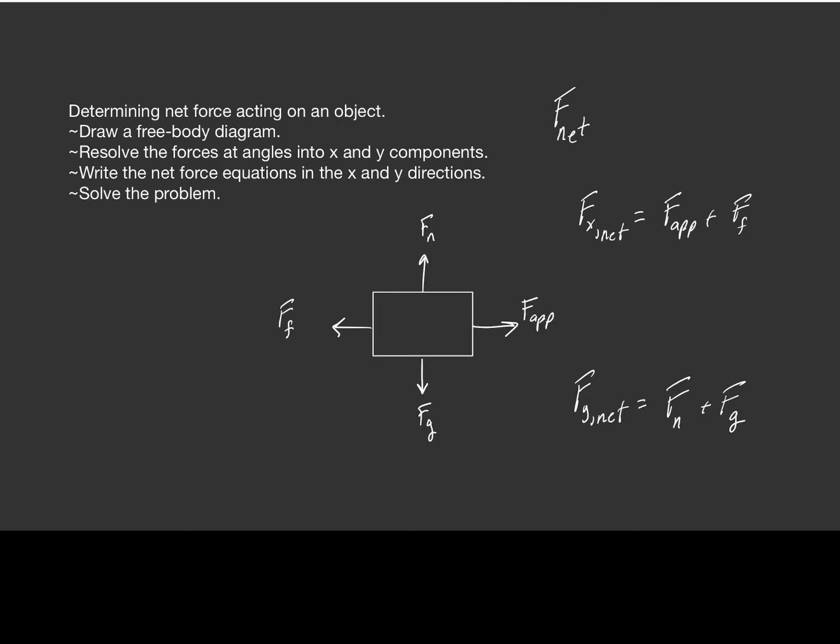There's a tendency to write the opposing force second, because remember we set our coordinate system of X and Y, and typically that opposing force will be in the negative direction of the coordinate system we've assigned. So a lot of times it will be subtracted, because it's an opposing force, so it will have a negative value.